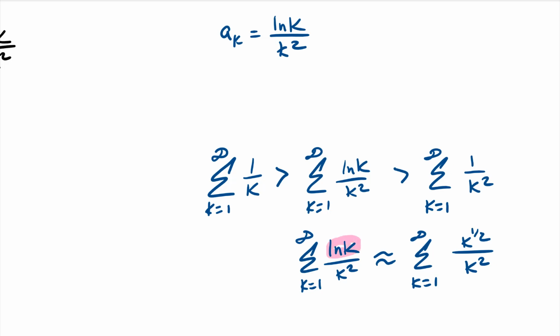If you ever want to do an LCT on an ln, make it k to the 1/2 power. And you're like, what? Where's that coming from? Oh, I'm sorry. I wrote it incorrectly. It's ln of k over k squared, and I just wrote 1 over k.